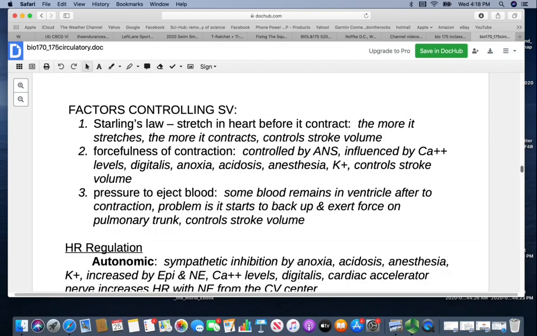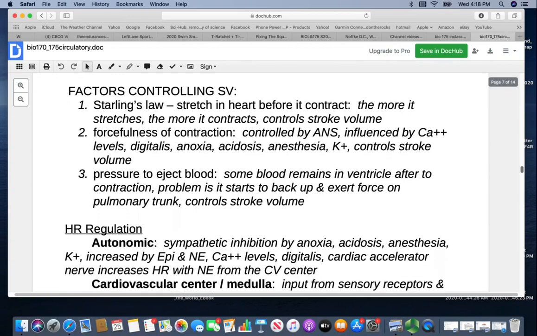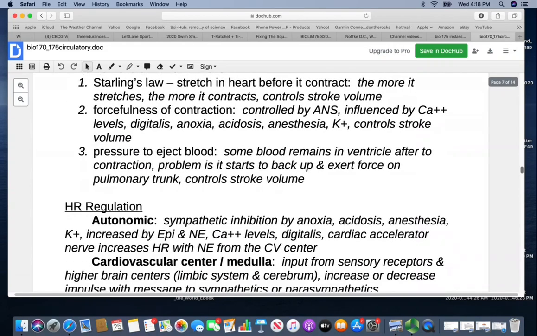The next thing is the pressure to eject blood. So it's not unusual for a little bit of blood to remain in the ventricle after contraction. If you imagine pouring out a glass of water, there's a little bit of water left after you pour it out. Not a big deal. The problem is if it continues to do this and you start to accumulate more and more being left in the heart.